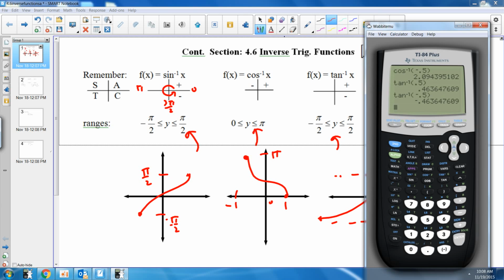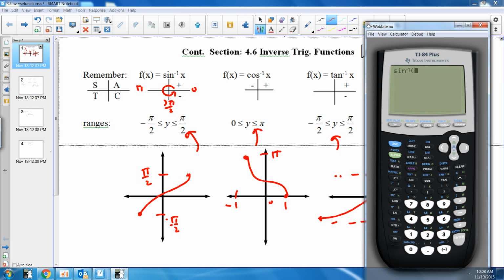Let's go to inverse sine, and my mode, just so we're clear, is on radian mode. And when I do the sine inverse, I can just pick any number.